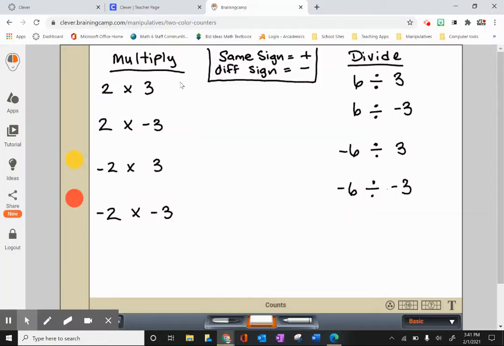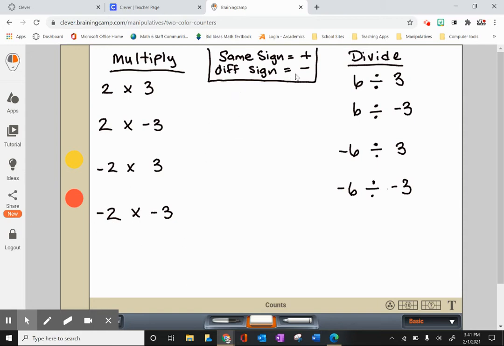So first, one saying that really helps out when trying to remember what the product or quotient is that if you have the same signs for both of your factors, then the answer will be positive, like two positive numbers multiplied by each other or two negative numbers multiplied by each other.